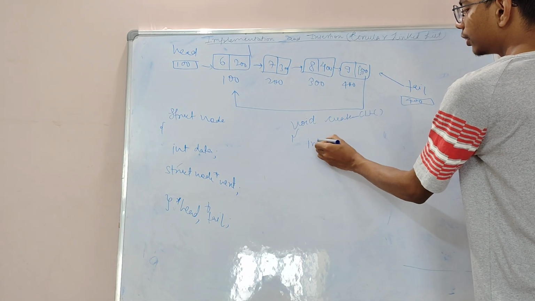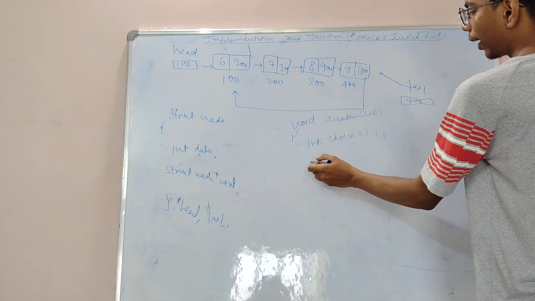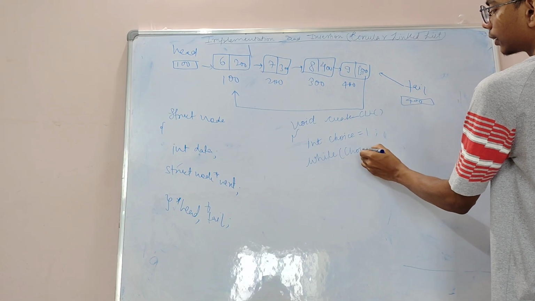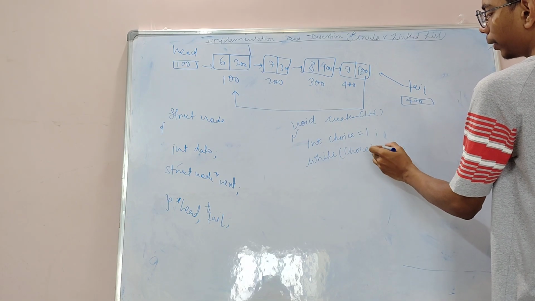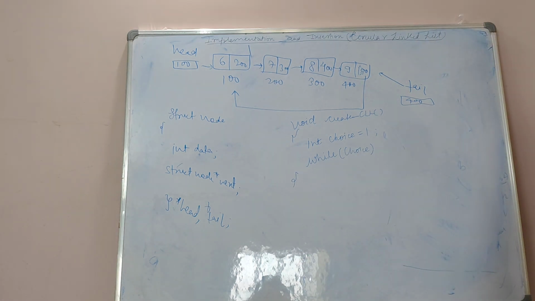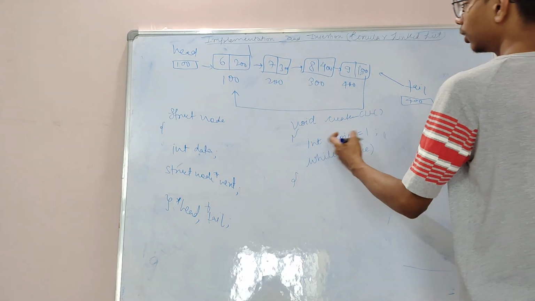So I will first declare a variable choice is equal to 1, and within that loop, while choice, I will make my nodes, right?